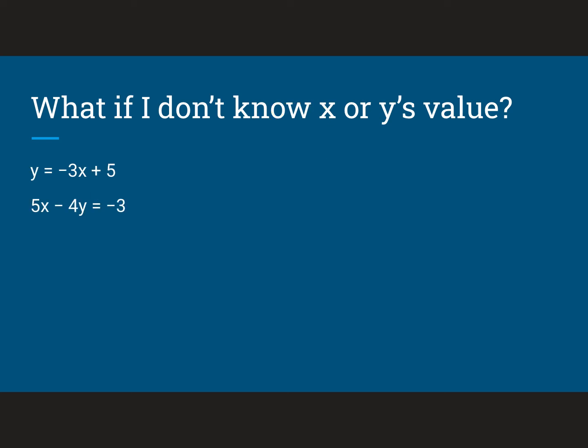Okay, now this one looks a little bit more detailed. Here I have my value for y. Again, I am simply putting it in for y. So I have 5x minus 4 times something, whatever y's value is, equals negative 3.